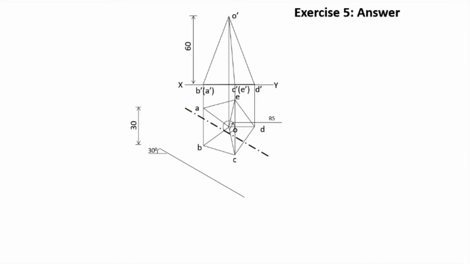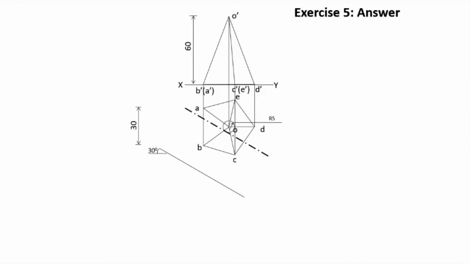In order to draw this one, first see this circle, which has a radius of 5 millimeter, so that all the points lying on the circle will be at a distance of 5 millimeter from the axis. After drawing the circle, you have to draw a line which is making an angle of 30 degree with the XY line, at a sufficient distance.